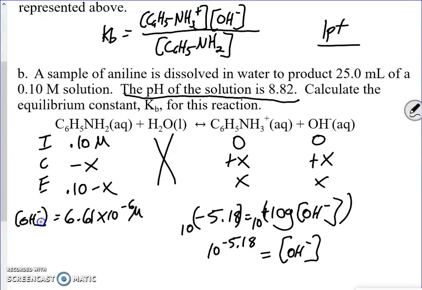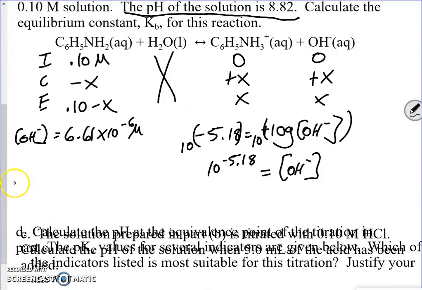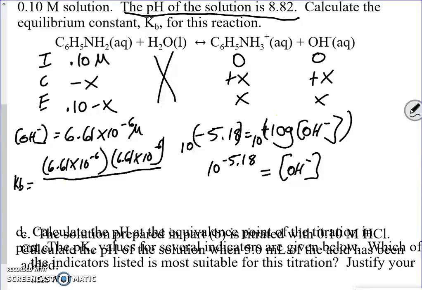Now what we can do is plug this value back into our ICE table for x and solve for our equilibrium expression. We end up with Kb equal to 6.61 times 10 to the negative 6, that's x, times 6.61 times 10 to the negative 6, also x, divided by 0.10 minus 6.61 times 10 to the negative 6, 0.1 minus x.